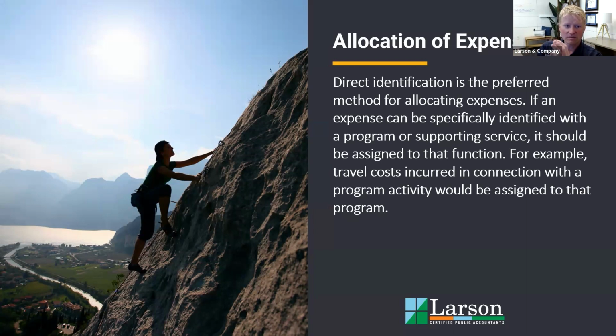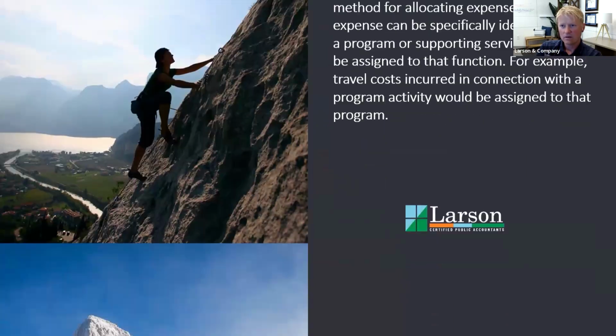If an expense can be specifically identified with a program, it should be assigned to that function. An example of that is travel costs incurred in connection with a program activity that can be 100% assigned to that program.